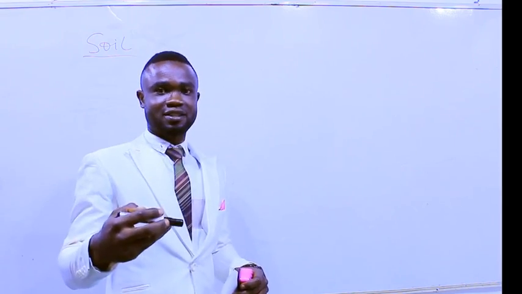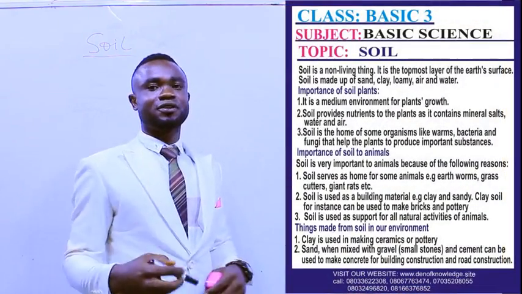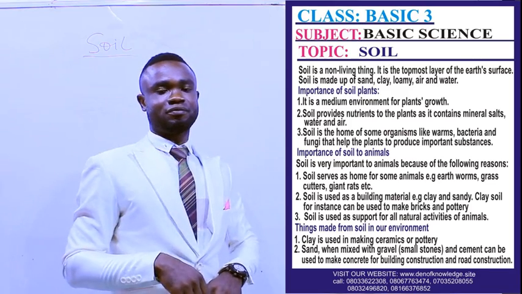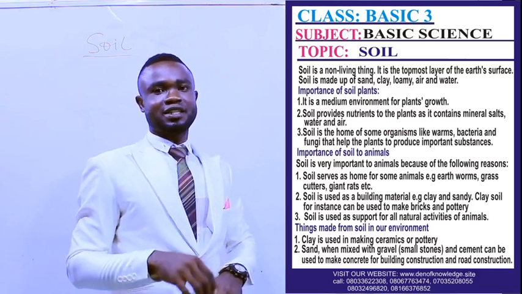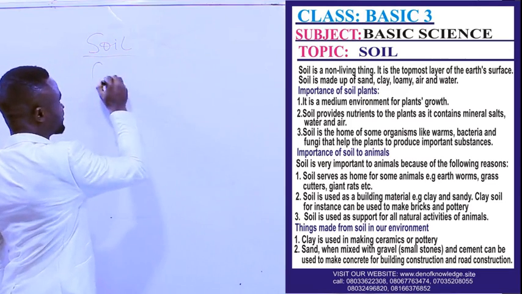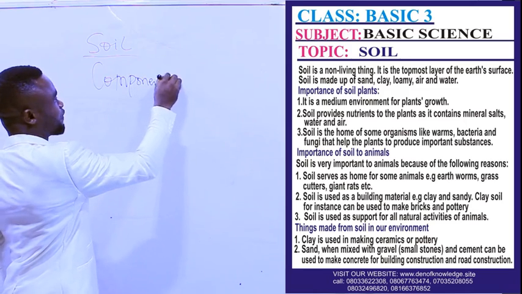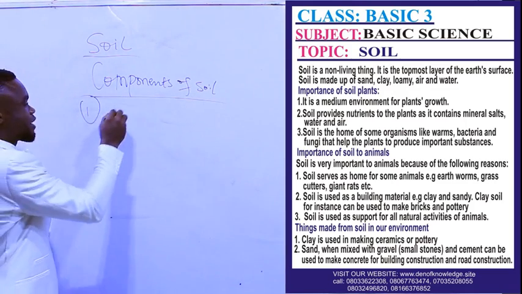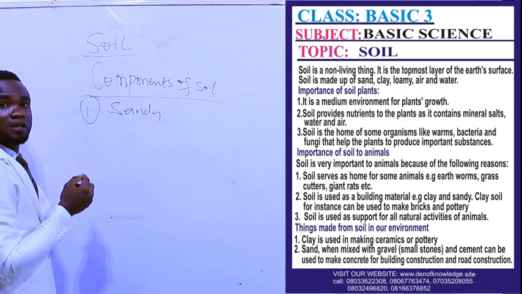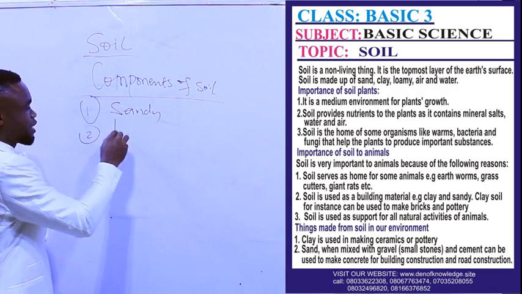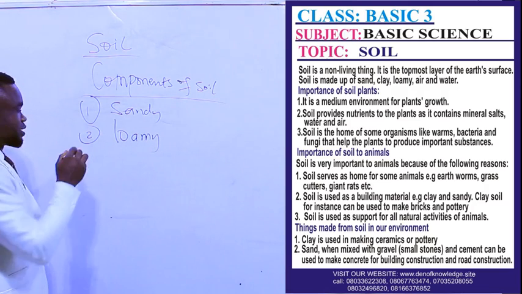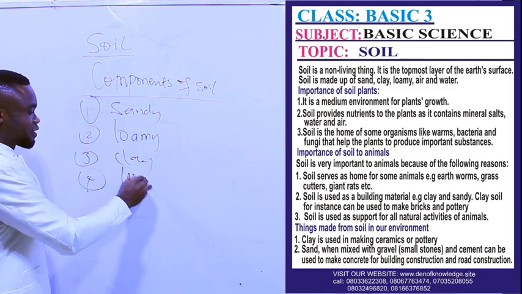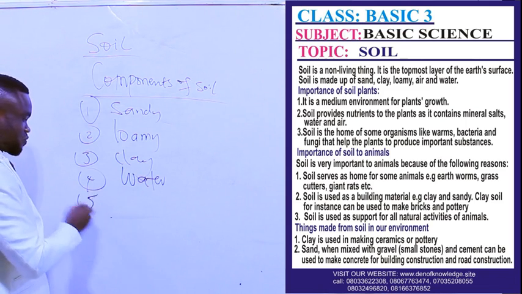Let's see the components of the soil. There are 5 basic components of the soil in respect to Basic 3. 1, we have sandy. 2, we have loamy. 3, we have clay. 4, we have water. 5, we have air.